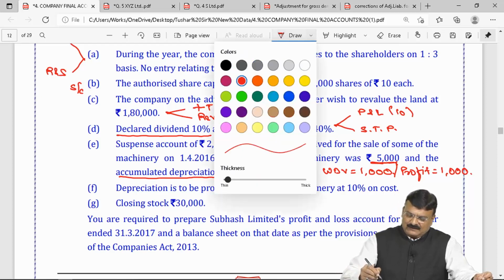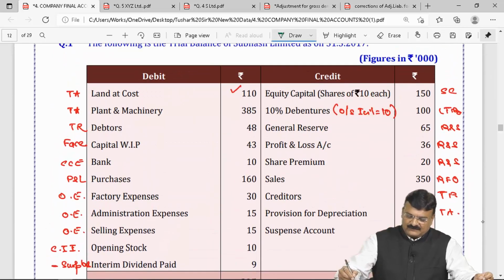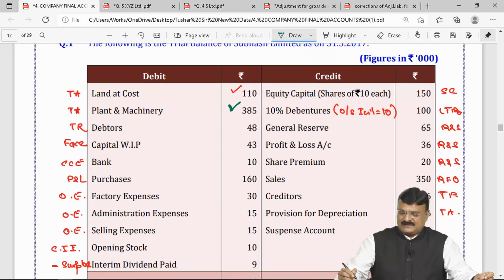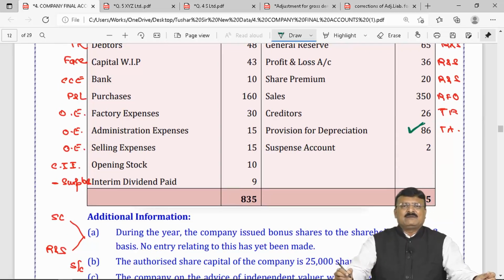How it will affect our solution, students? First thing, the cost 5000 of the machinery will be deducted from the cost of machinery. So from 3,85,000 minus 5000. 4000 PFD, provision for depreciation, accumulated depreciation, will be deducted from 86,000.